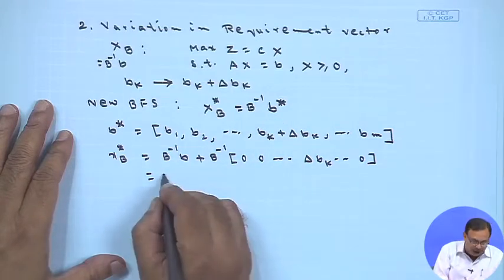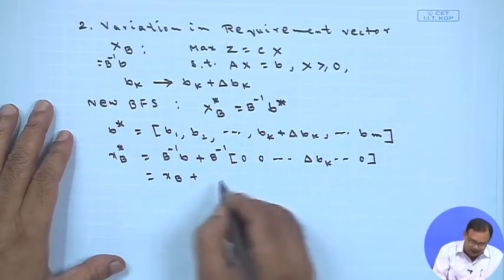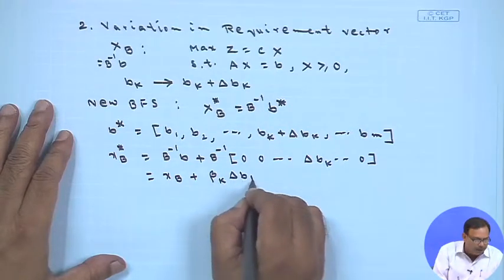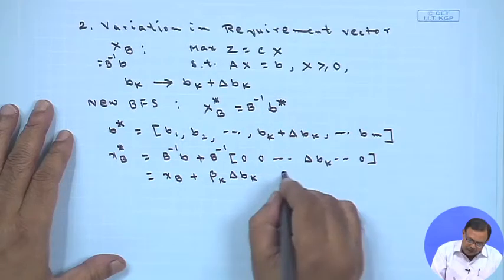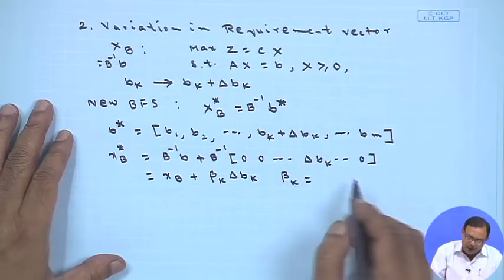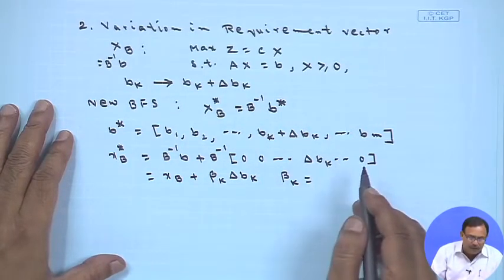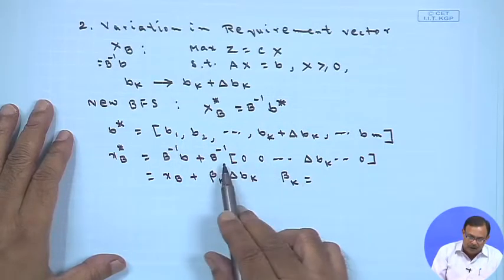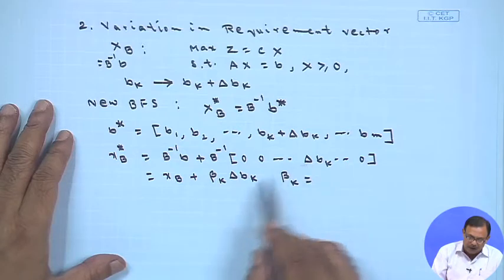So, I can write this as x_B plus beta_k into delta b_k, where beta_k is equal to the kth column vector of B inverse.